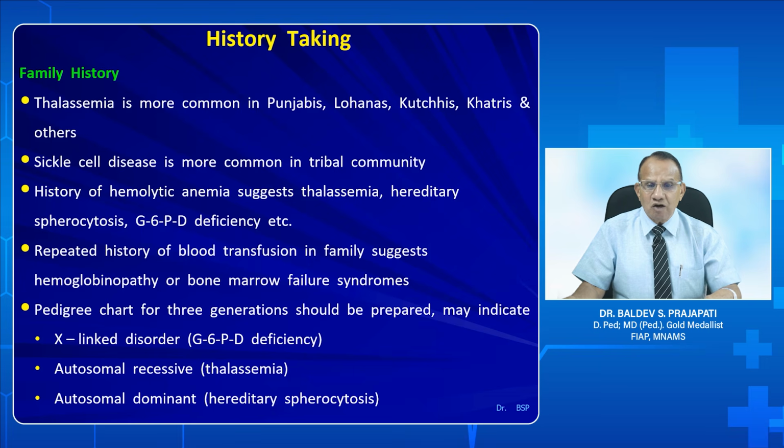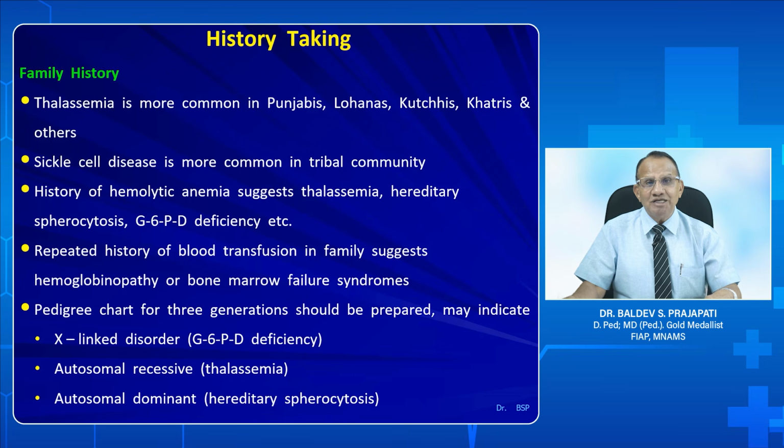Sickle cell disease is more common in the tribal community. A history of hemolytic anemia suggests conditions like thalassemia, hereditary spherocytosis, G6PD deficiency. Repeated history of blood transfusion in the family suggests some hemoglobinopathy or bone marrow failure syndrome.